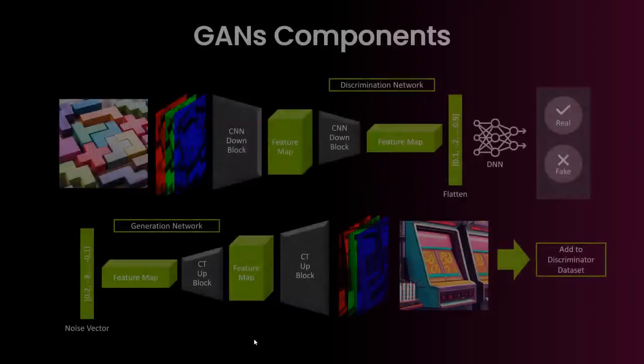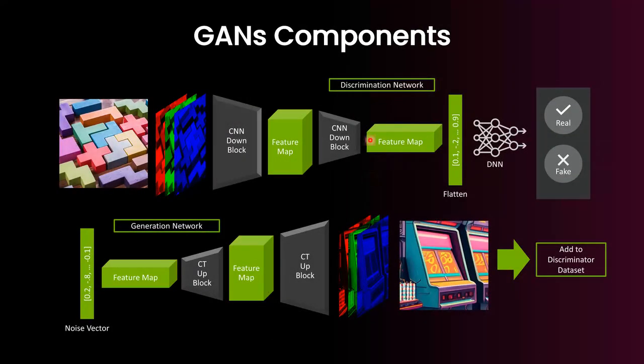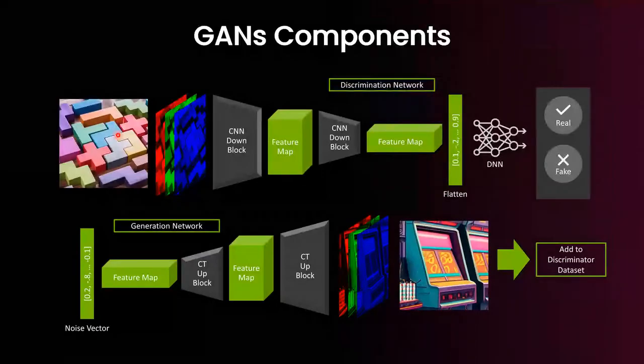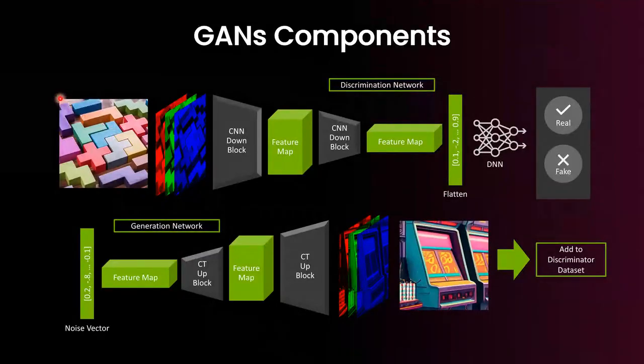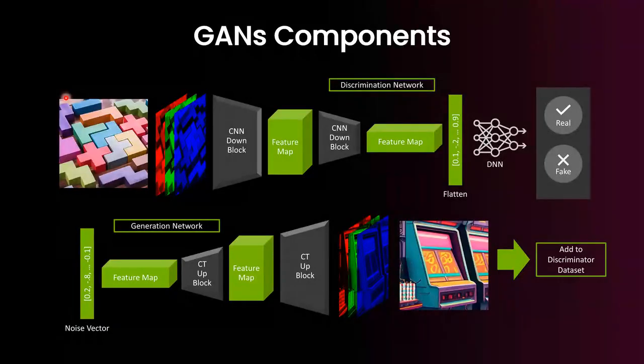Okay, let's look at what UNets are. We have talked about GAN. We said that GANs are about a discriminator network and a generator network, and they are separate components.